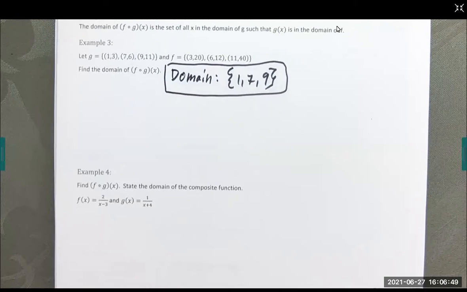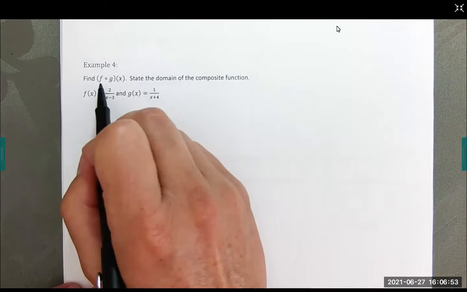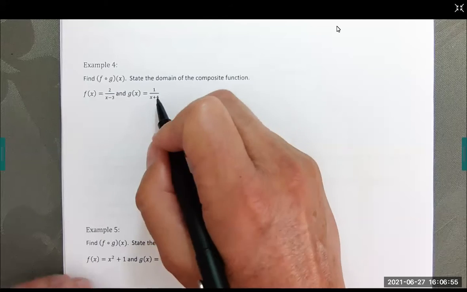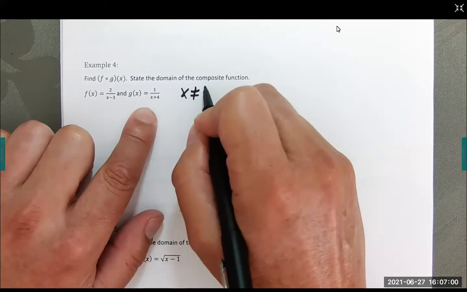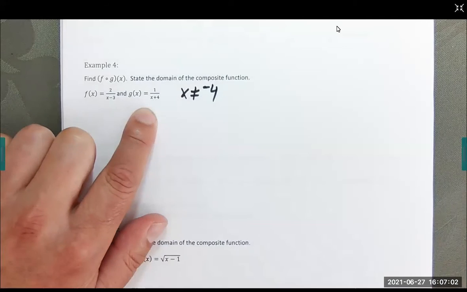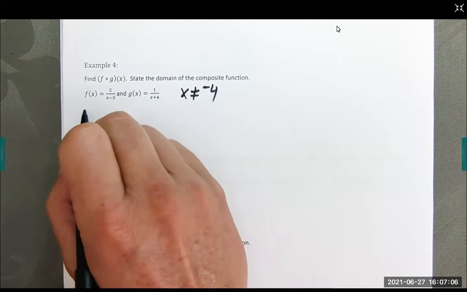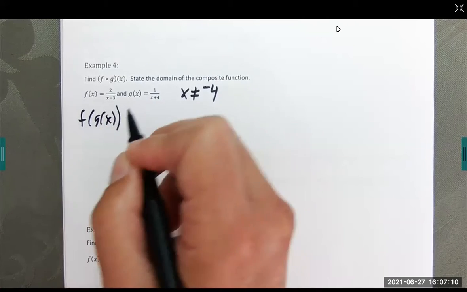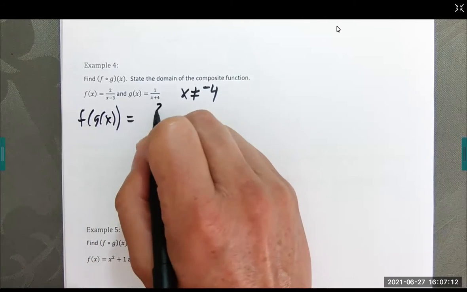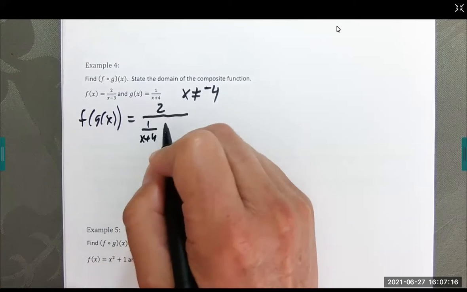All right, example 4. First off, I'm going to notice for f composite g of x, an x value that is not in the domain of g, x cannot be negative 4. Otherwise, we're going to have an issue. However, when I composite this, so f of g of x, this is going to give us 2 over 1 over x plus 4 minus 3.